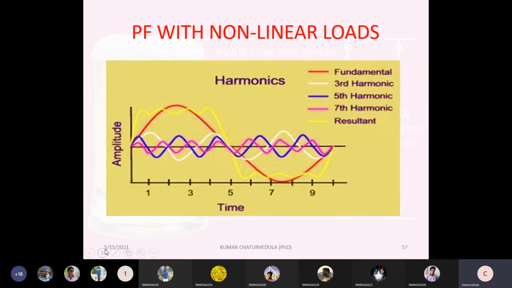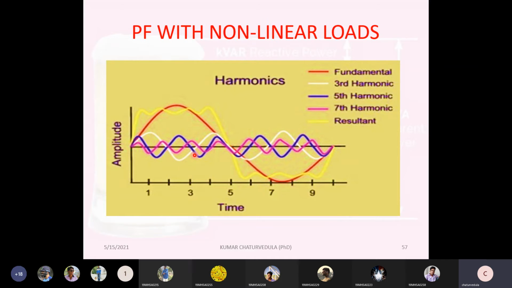Here I am showing you the fundamental component, the red line, which shows the fundamental sine wave. The harmonic is also a sine wave, but at different values and distortion levels. The white line shows the third harmonic component, the blue line is the fifth harmonic component, and the violet line shows the seventh harmonic component.